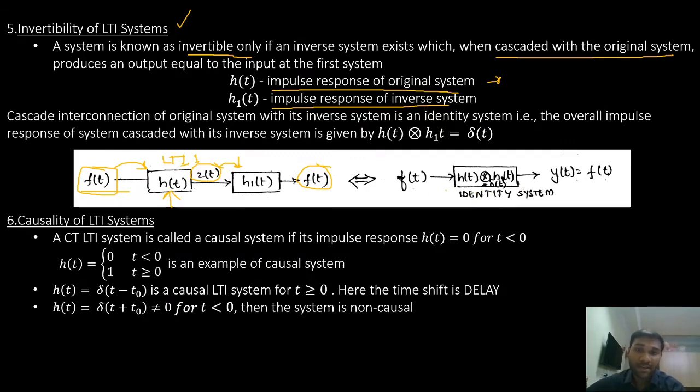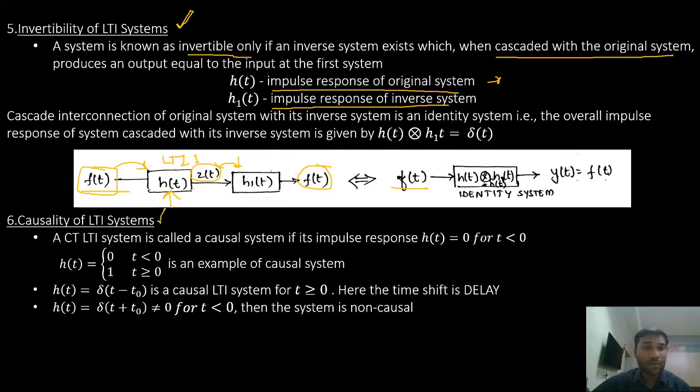Why are we calling it an identity system? Because I am giving input as f of t here, and again at the output I have f of t. So that is the invertibility property of LTI systems.